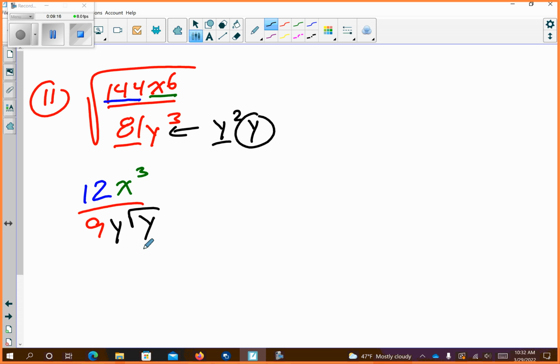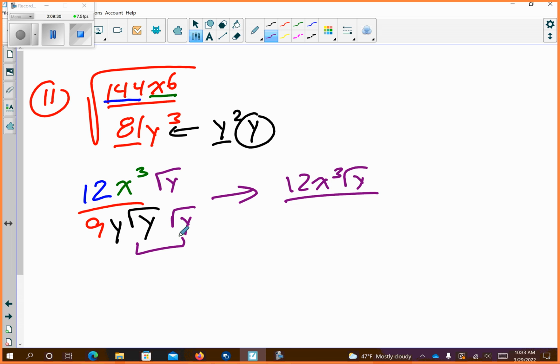Okay, I don't want to have a radical in the denominator, so at this point, I'm going to multiply top and bottom by root y, which is going to give me 12x to the 3rd root y. And then what is root y times root y? Y. So that's 9y times y. What's y times y? Y squared.